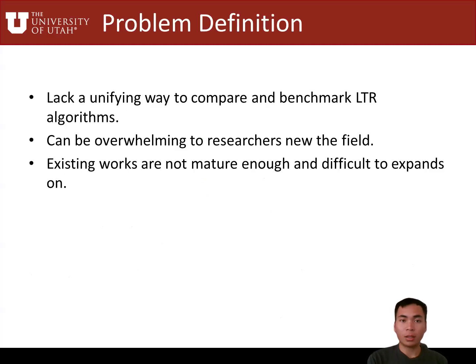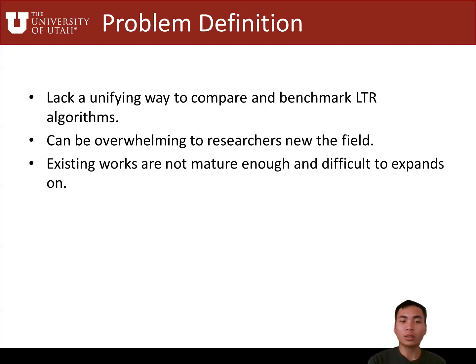While there are many algorithms for unbiased learning to rank, they lack a unifying way to compare and benchmark them. Moreover, it can be very overwhelming for new researchers to do analytic work or extend their research on this field, because all of these algorithms are usually developed using different frameworks, data sets, ranking models, and configurations.